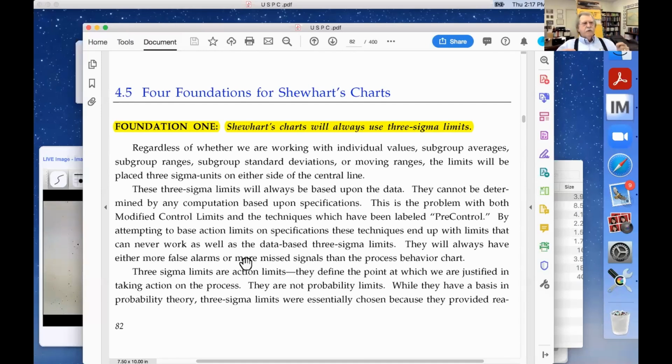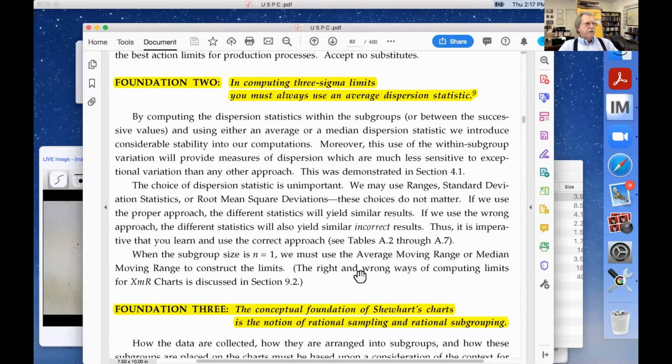Foundation 1, I hope you understand now, 3 sigma limits work by brute force. They are sufficient to cover everything you need. They'll give you a p-value close to 1, regardless of the probability shape of your histogram. Foundation 2, we're going to use the within subgroup variation, method 2, as the way to compute the limits.